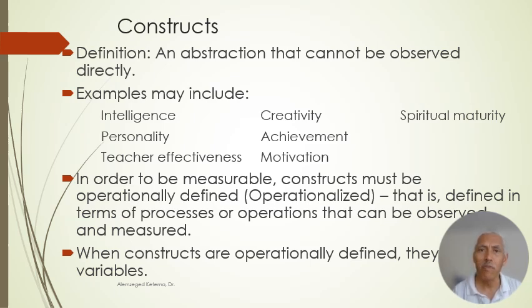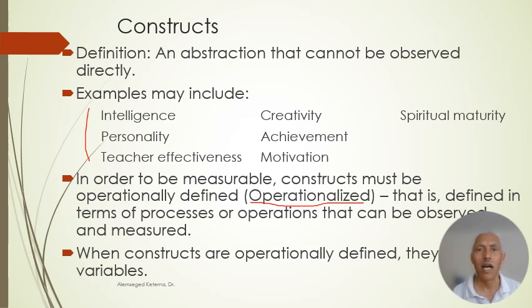And therefore, you need to make it in such a way that it can be measured. And that is called to operationalize it. Let me get my red thing here. It needs to be operationalized. That means you need to be able to state it in such a way it can be measured. So the other ones that we have here that are constructs: intelligence, personality, teacher effectiveness, creativity, achievement, motivation, spiritual maturity.